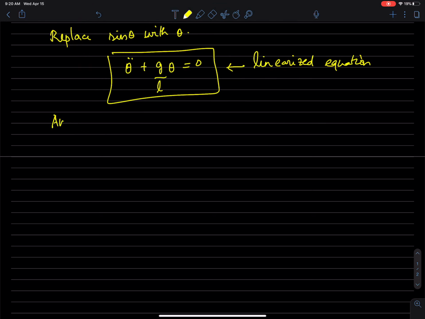This is in exact correspondence with m x double dot plus k x equal to 0, or x double dot plus k over m x equal to 0.